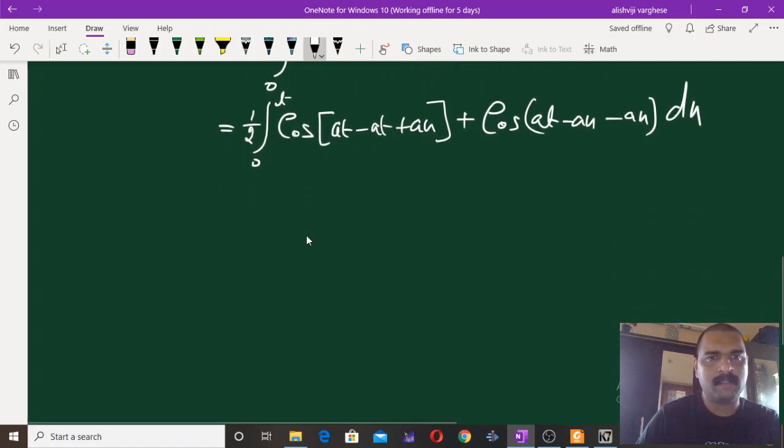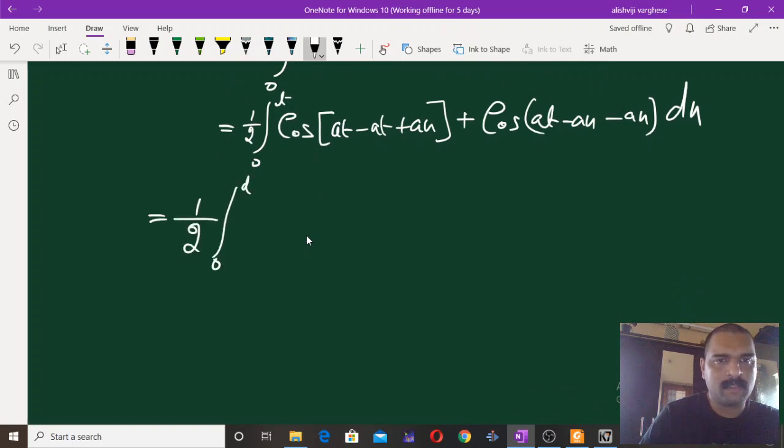And now it is equal to 1 by 2 into integral 0 to t.